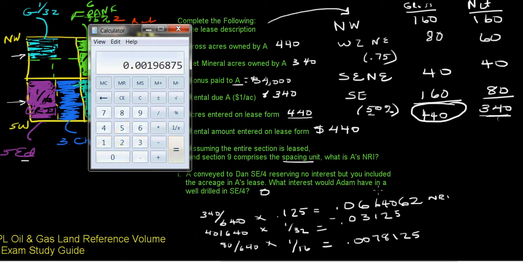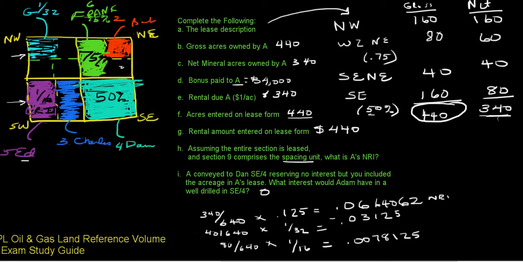And that's going to be 0.001953. Okay, so we're subtracting that out, and then we're going to add this guy back in.